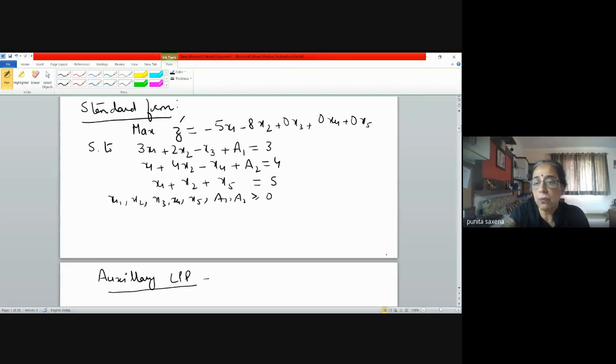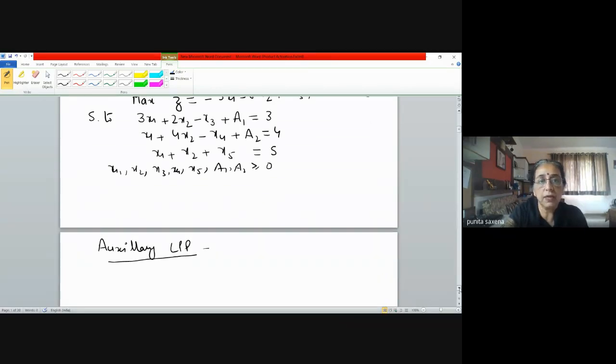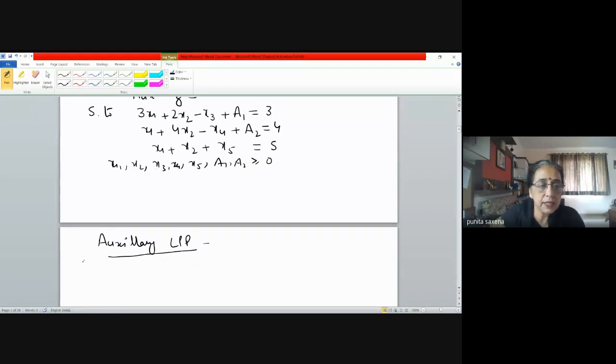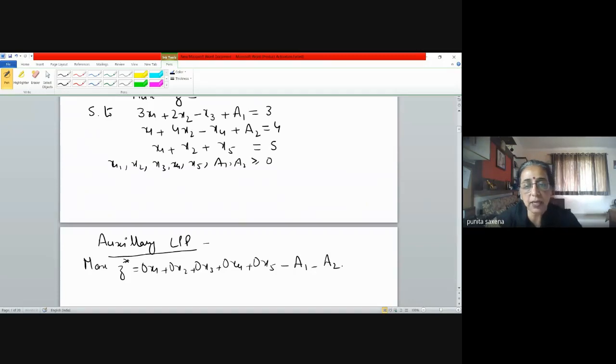So my objective function will now become maximize z star equal to 0x1 plus 0x2 plus 0x3 plus 0x4 plus 0x5, but minus a1 minus a2, because I had two artificial variables. Even if you don't write these variables here, it's okay, because their coefficients are 0, but you must know them because we need them in the simplex table. All other constraints will remain the same.